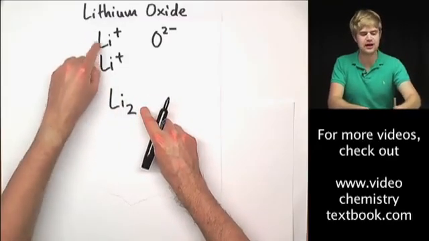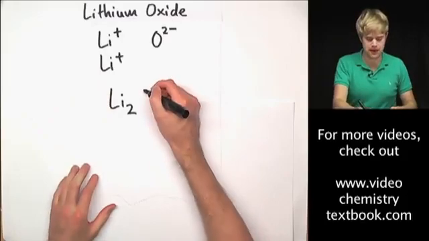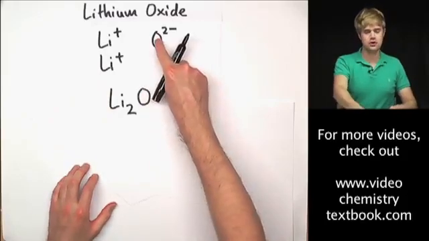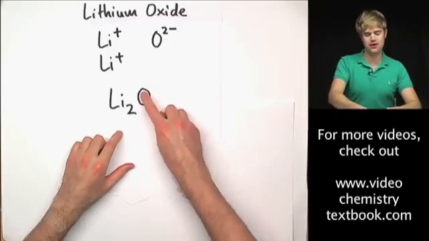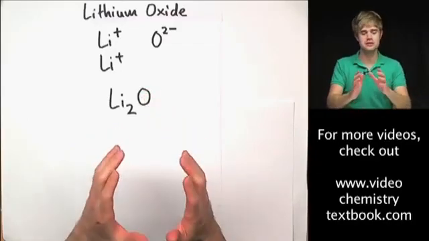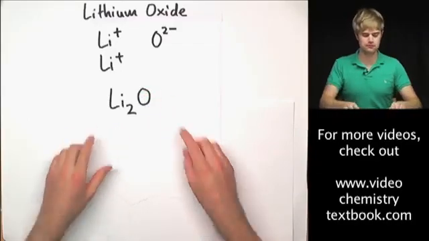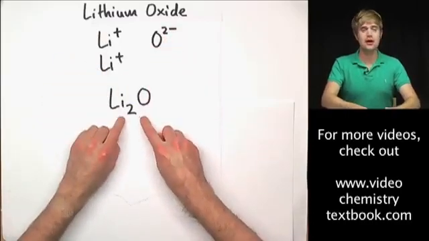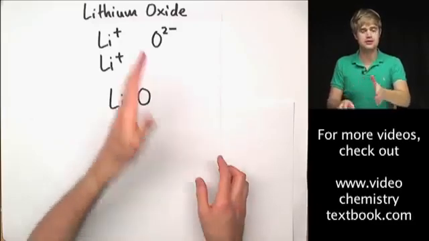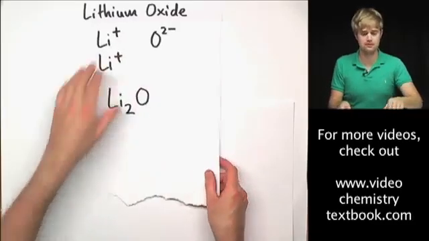That indicates that I have 2 lithium atoms. And then 1 O to show that I have 1 oxygen, and I'm not going to write anything after that. If you have a letter without anything after it, it means that you just have one of them. So lithium oxide, 2 lithiums and 1 oxygen is how we get the charges to balance for this compound.